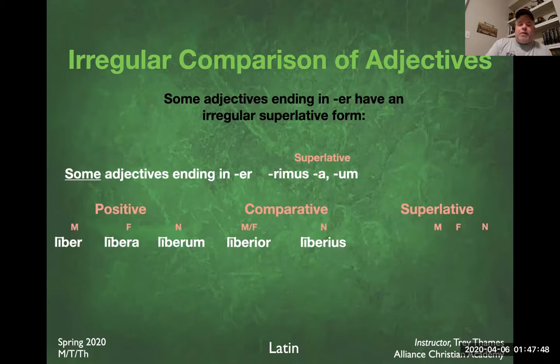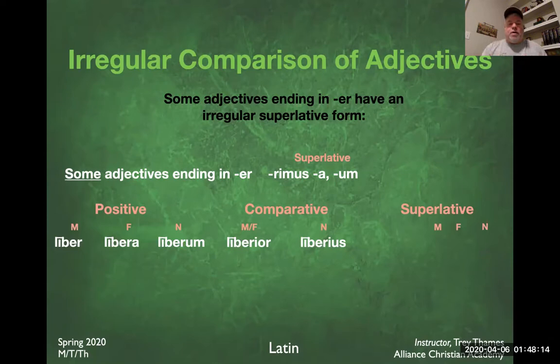For the superlative, we're going to add -rimus to, now this is important, it's not the stem, because if you'll remember, in some -er adjectives, the stem for some of them has the E, liber, but in some, in the genitive, it gets rid of the E. Remember, pulcher, pulchra, it gets rid of the E.